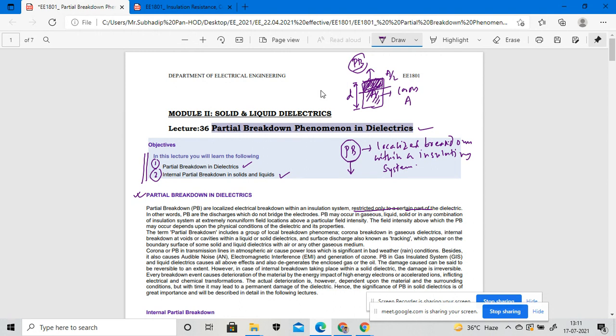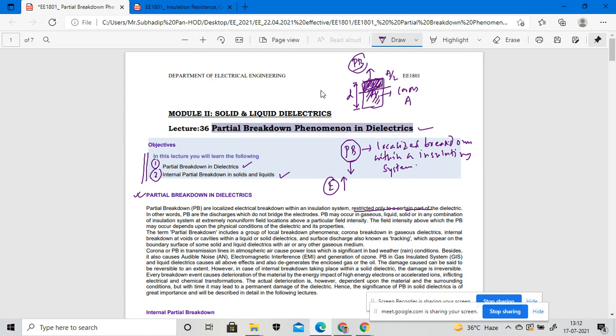Partial breakdown may occur in all dielectrics, like gaseous, liquid, solid, or any combination of the insulating system, at an extremely non-uniform field located above a particular field intensity E.